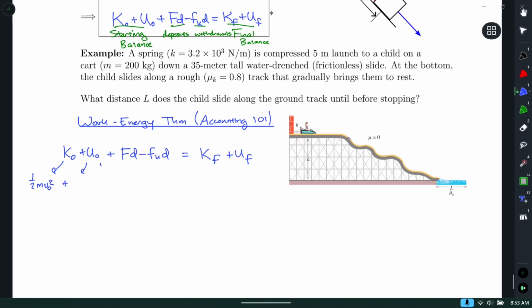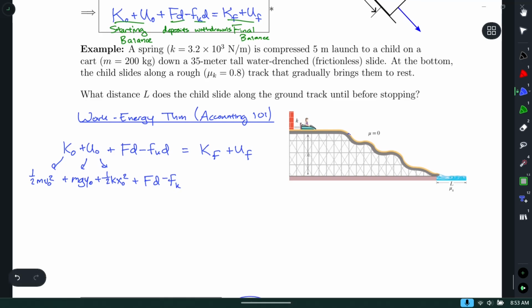Potential energy, again, has two types: gravitational and elastic, plus deposits, minus withdrawals, equals your final balance.